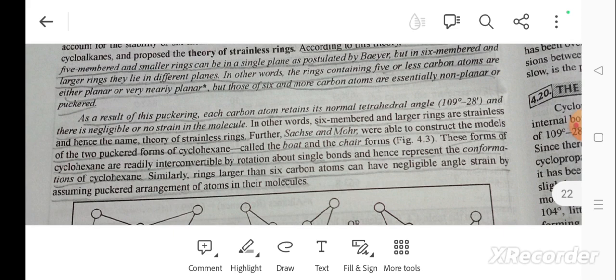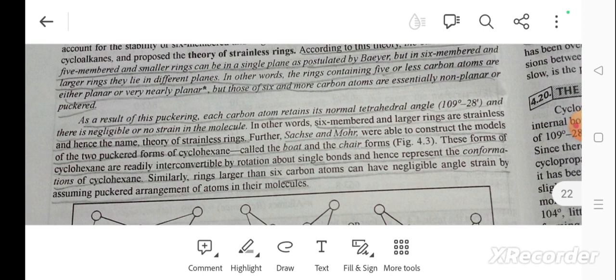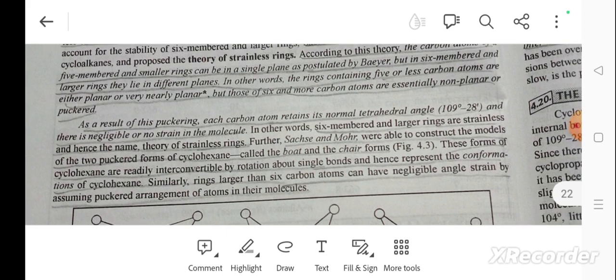In other words, six-membered or larger rings are strainless, and hence the name of the theory of strainless rings. Further, Sachse and Mohr were able to construct the models of two puckered forms of cyclohexane, called the boat and chair forms. These forms of cyclohexane are readily interconvertible by rotation about the single bond and hence represent the conformations of cyclohexane.